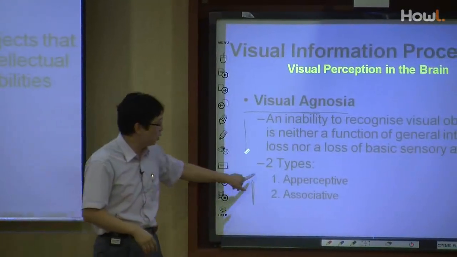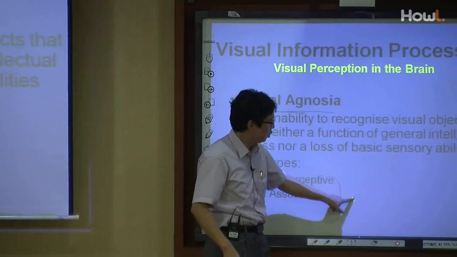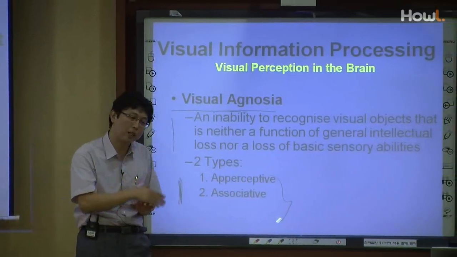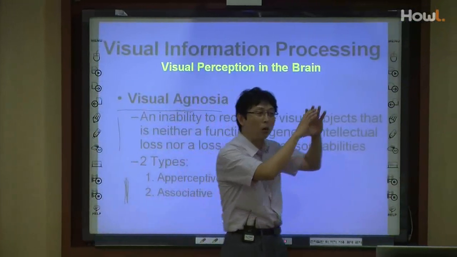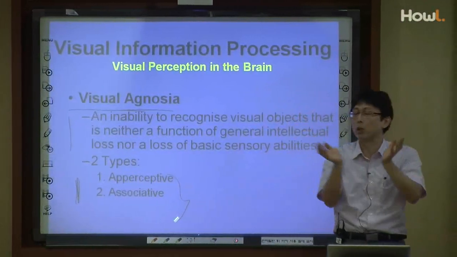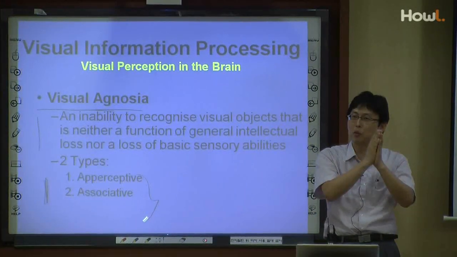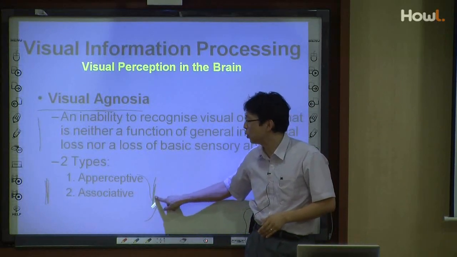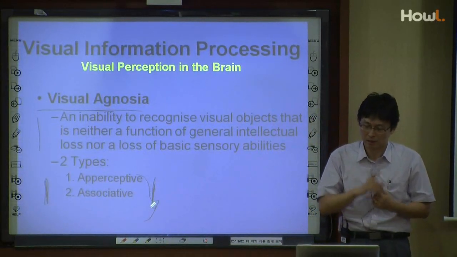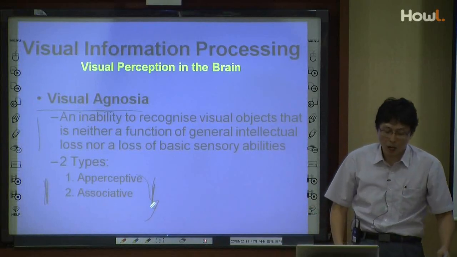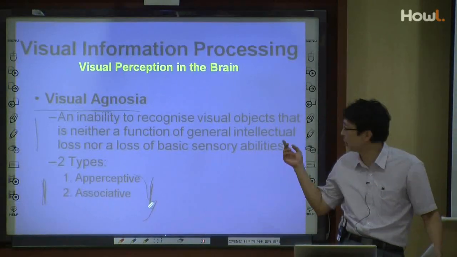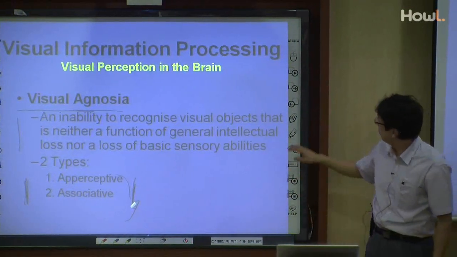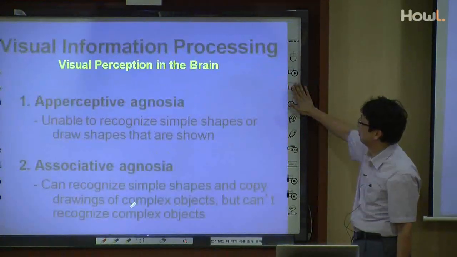The idea about these two things is that they reflect two different visual processes. Last week I mentioned that our information processing starts with sensory information processing, and this sensory information has two different types. That is why John Anderson uses these two examples of patients to interpret visual perception.